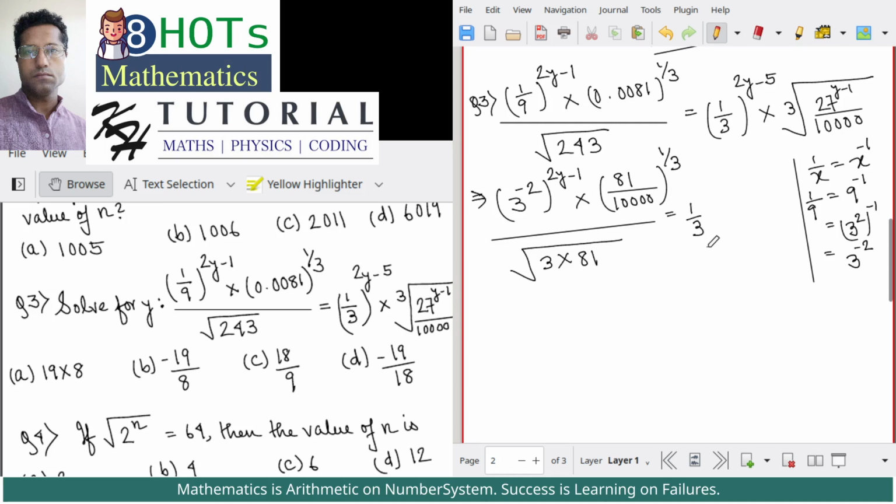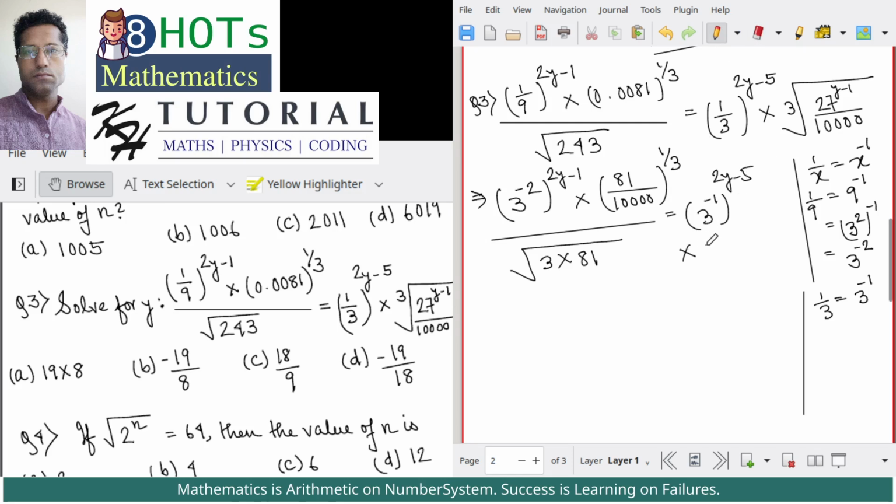Now 1 by 3 is nothing but 3 to the power minus 1. So this is 3 to the power minus 1, and this whole raised to the power 2y minus 5.